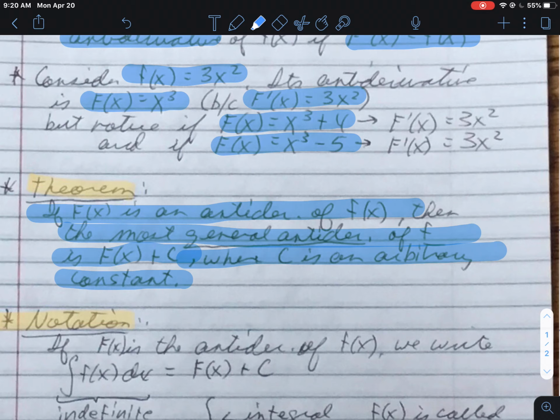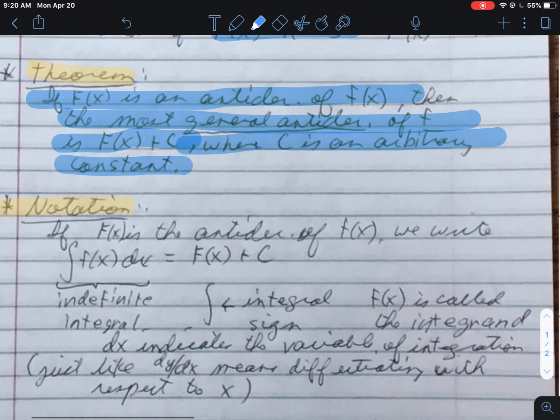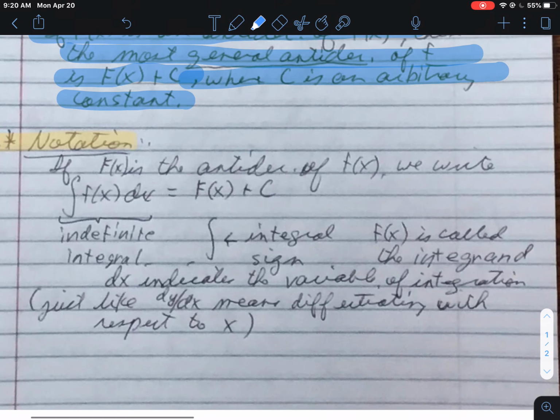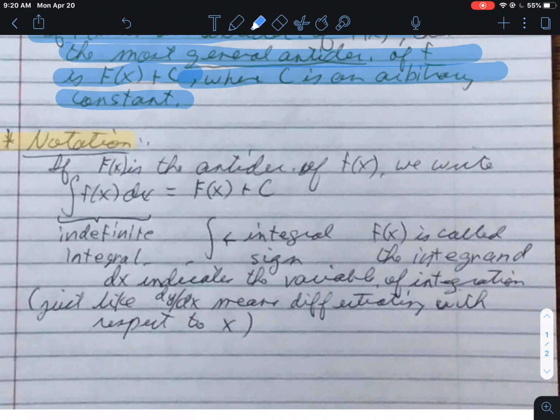Anytime you're finding a general antiderivative, and we'll talk about specific antiderivatives later, but we need more information for that, here we're just finding what's called the general antiderivative, always tacking on that plus C. Without it, you're only finding one antiderivative of an infinite number.